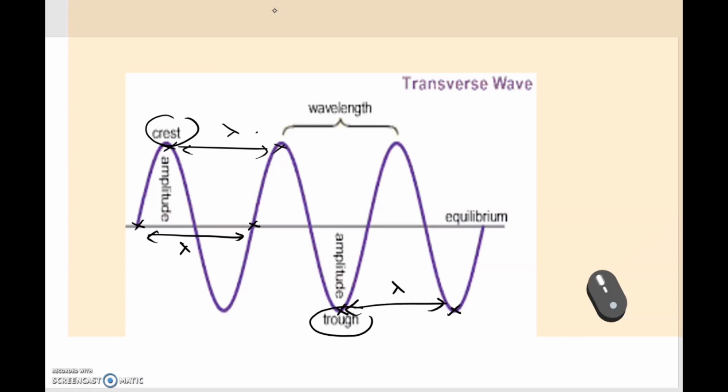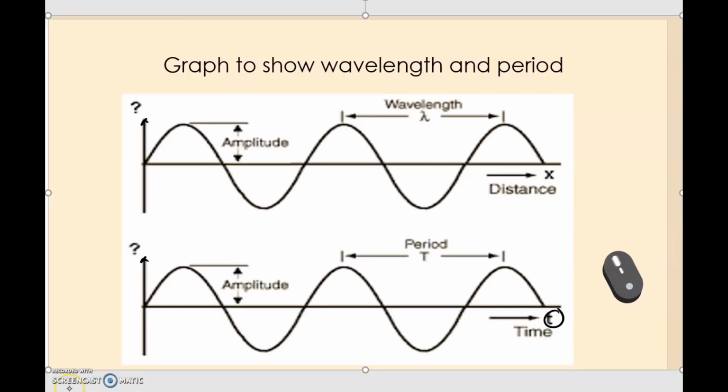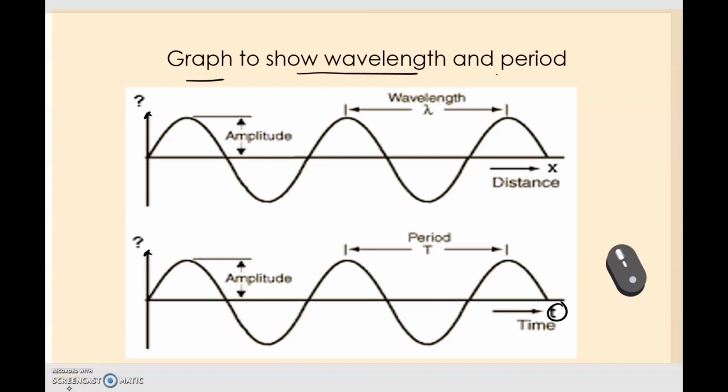As you can see in this image, we also have amplitude. What is amplitude? Amplitude is the maximum displacement from the equilibrium position to the crest or trough of the wave. This graph shows the wavelength and period. If you have a y versus x graph, then the distance from crest to crest we call the wavelength.